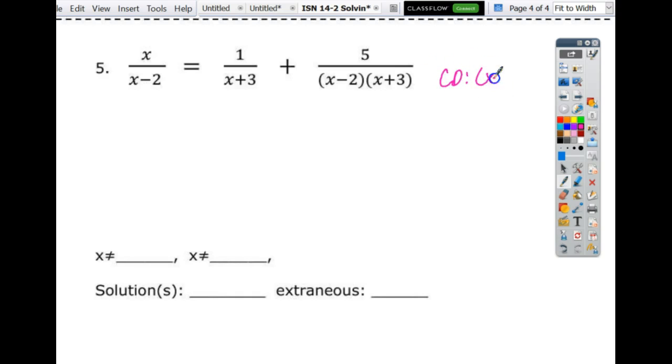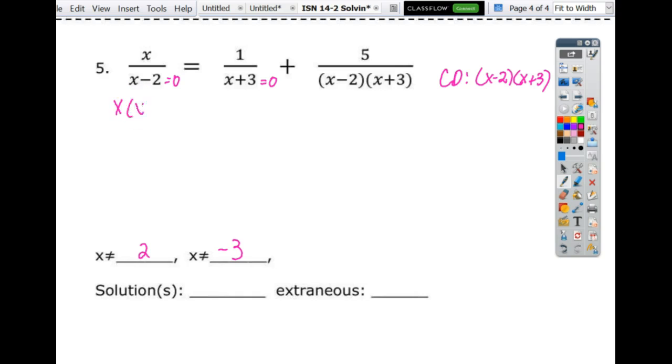Yeah, sure. X minus 2 times x plus 3. So, what's going to make a plus 2 and negative 3? So what cancels in the first term?